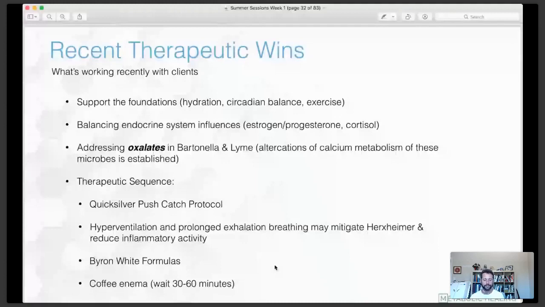So a therapeutic sequence that I've found to be useful is using the Quicksilver push-catch protocol followed by hyperventilation and breathing techniques, because there's evidence from the Wim Hof study from 2014 that hyperventilation inhibits the innate immune response.